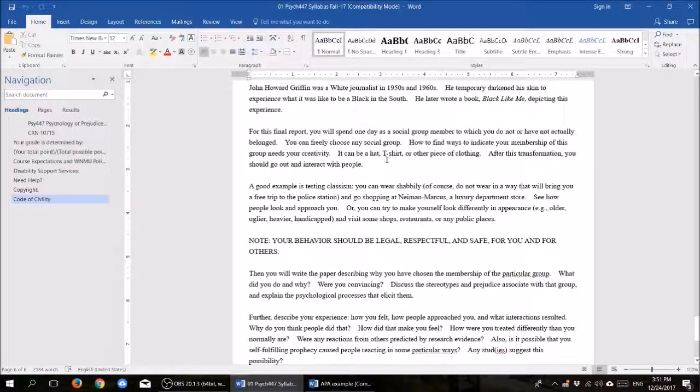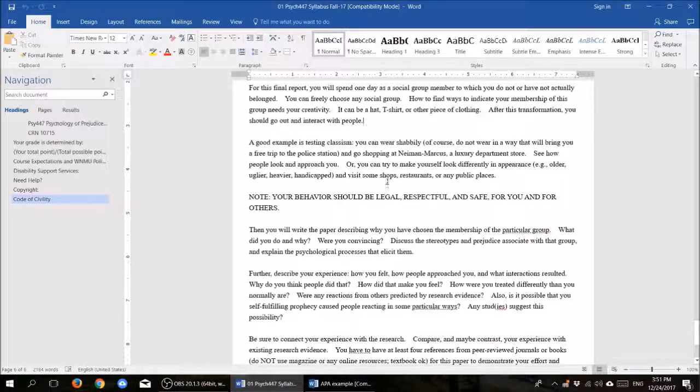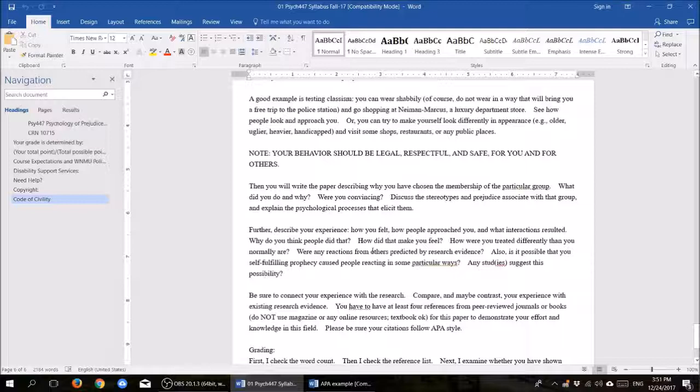It can be any social group, and then they need to write the experience and then connect the experience to research. So there's a certain number of references they need to cite. Okay, so that's the basic idea.